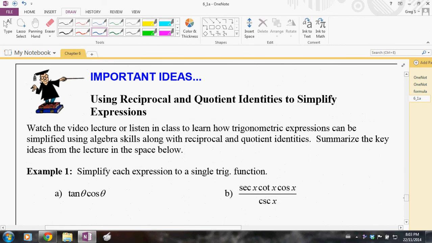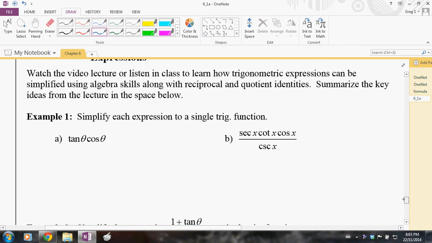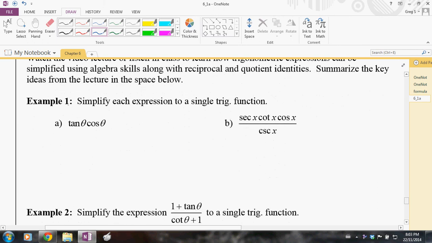And on our next page here, we're going to do some simplifying of expressions. Probably the number one strategy that I have when I'm simplifying, looking at this first one, is to reduce things to just in terms of sine and cos.